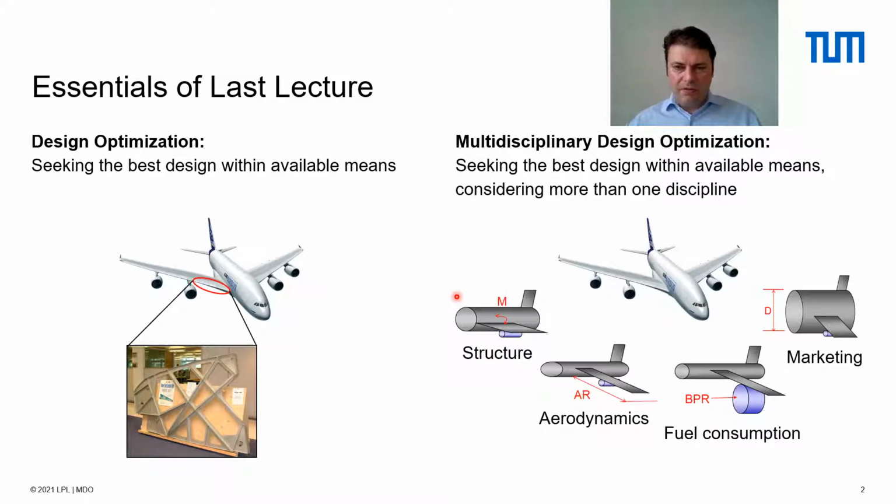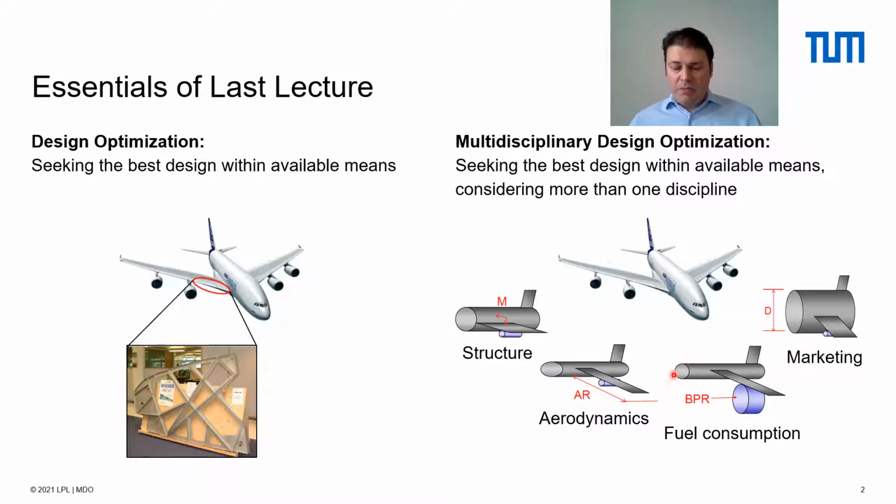So, for example, when you think of a multidisciplinary design optimization process in aerospace, you could think of a structural engineer trying to optimize the structure such that loads at the wing root are minimized, and therefore he or she would try to make wings rather small, whereas an engineer responsible for the aerodynamic properties of an airplane would try to maximize the aspect ratio of a wing.